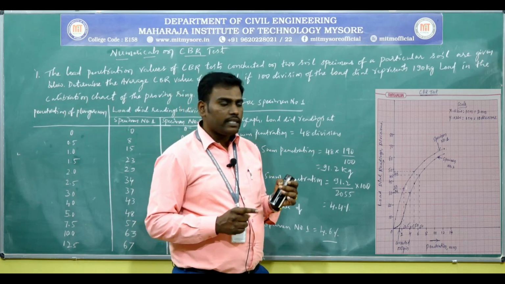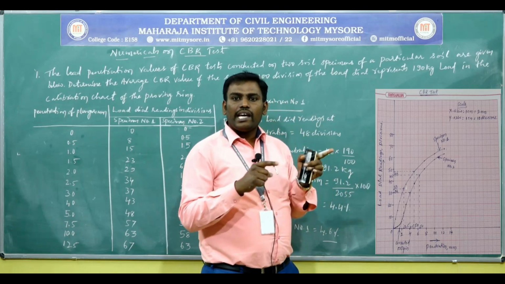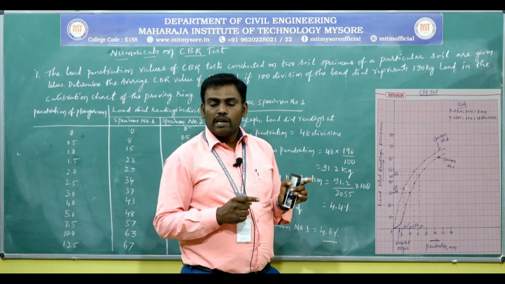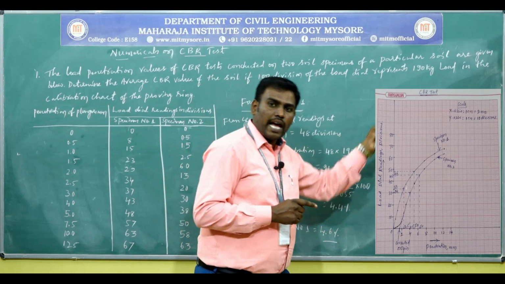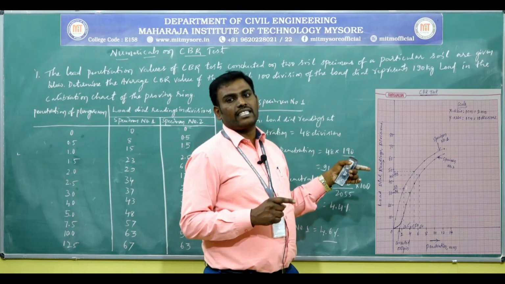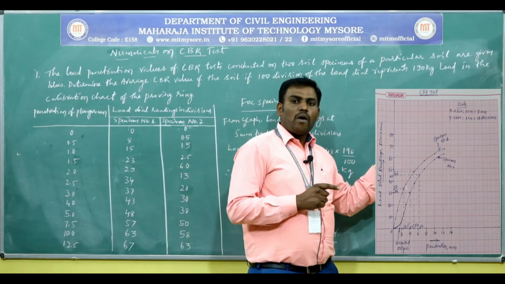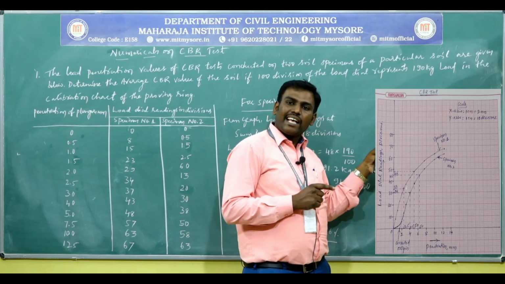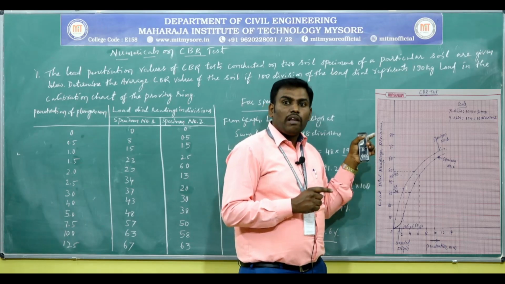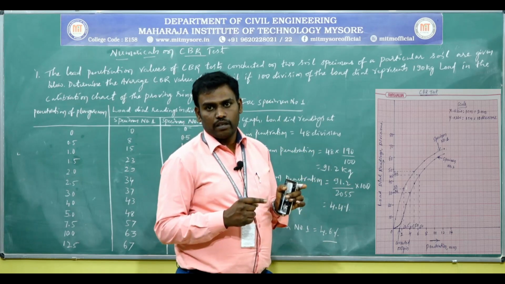What we are going to do is draw a tangent from the steepest portion of the curve, in such a way that the tangent touches the x-axis at a point. Whatever point touches the x-axis while drawing the tangent for the steepest portion will be treated as the corrected origin for that specimen.